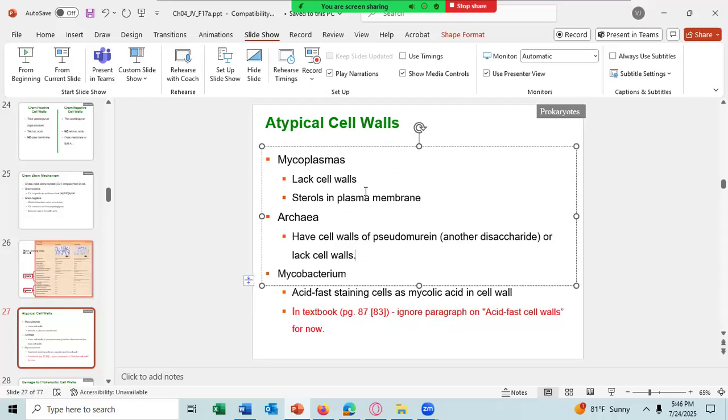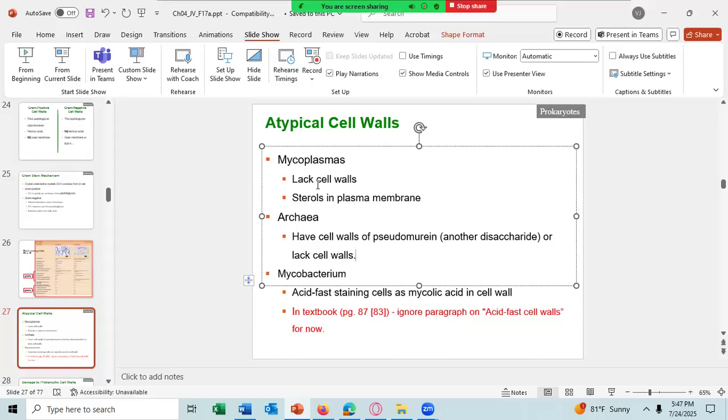The Mycoplasmas, interestingly, have a sterol in their plasma membrane, which gives strength and support to the plasma membrane. Now, if you remember, I did mention that animal cells also have a sterol in their plasma membrane to help give the cell membrane strength and support. And in animal cells, that sterol, we call it cholesterol.